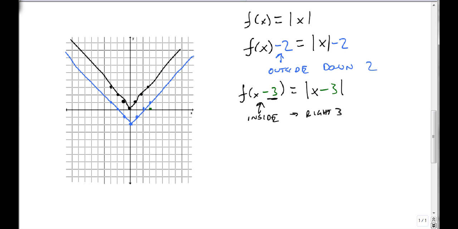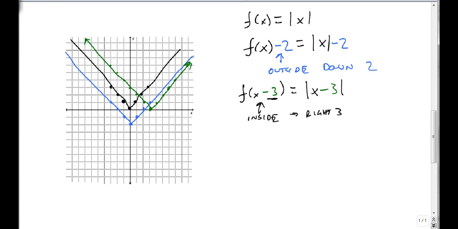So our first point is actually going to be right here, and then our second, third, fourth, fifth, and so on and so forth. And as we go, the V follows the same basic pattern. But now we have our graph lined up and going where it should be going.